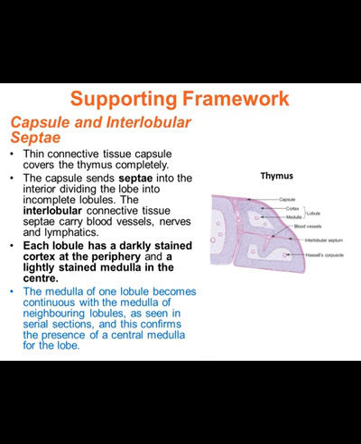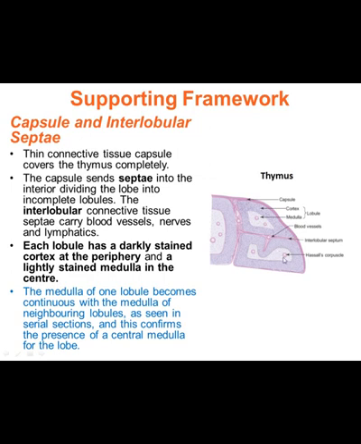Now we come to the supporting framework, which consists of capsule and interlobular septi. Here we see the capsule, and from this capsule these interlobular septi arise. This thin connective tissue capsule covers the thymus completely, and this capsule sends septi into the interior and divides the lobe into different lobules. But mind it, these lobules are incomplete lobules.